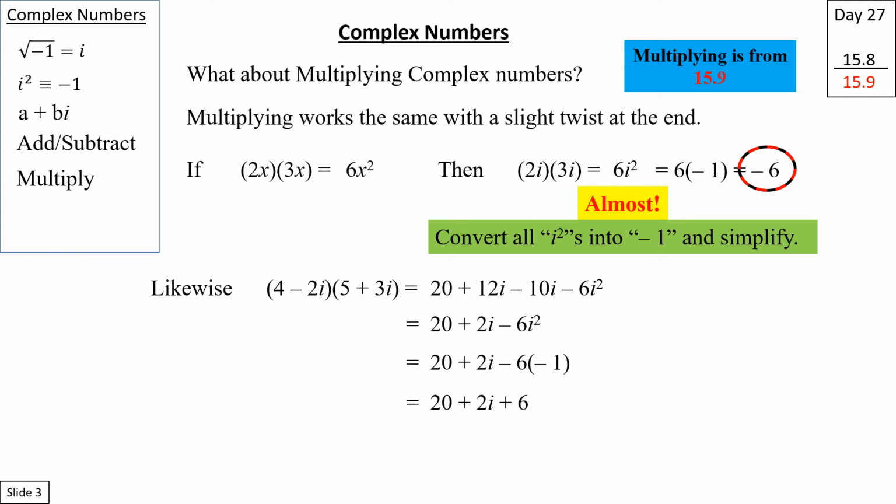So now we've got 20 plus 2i plus 6. Got to collect the 6 back with the 20, and we end up with 26 plus 2i. Again, it's not any harder than multiplying polynomials. The only difference is that when we're done, we're not quite done, because we have to take the i squareds and make them -1 and recollect.